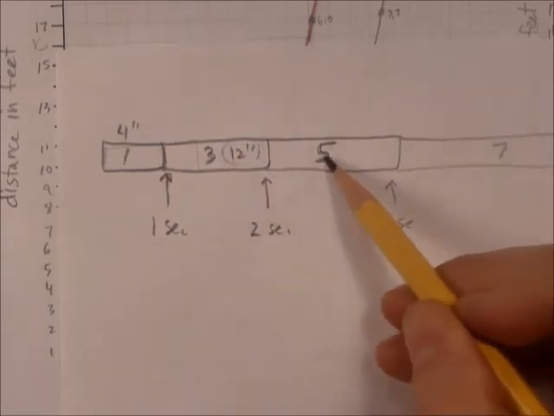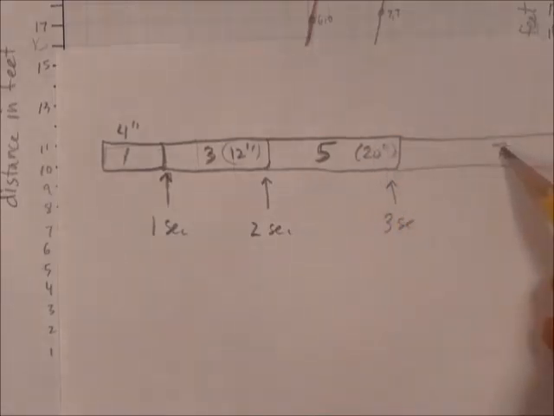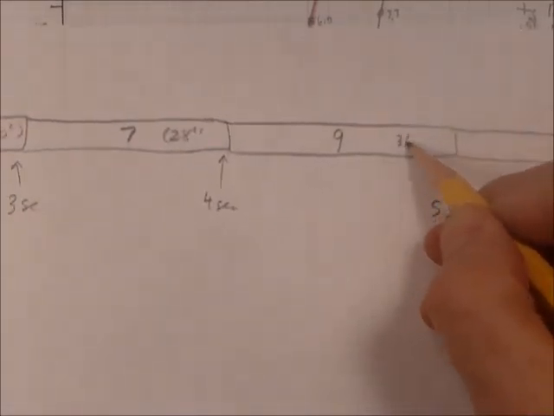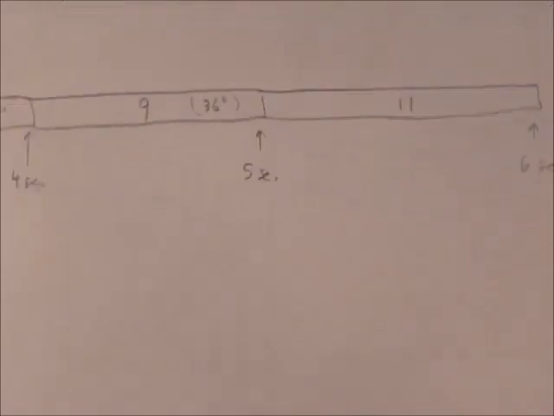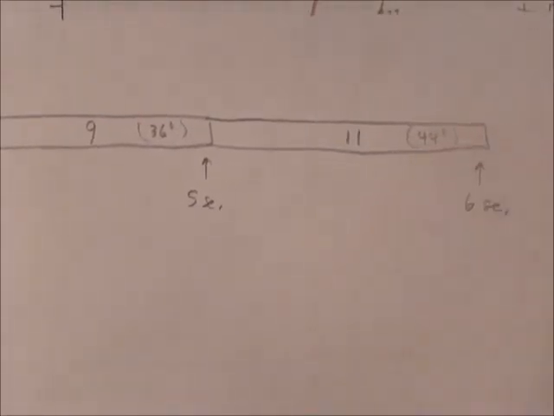Then 5 of those, 5 times 4 would be 20 inches. 7 times 4 would be 28 inches. 9 times 4 would be 36 inches. 11 times 4 would be 44 inches.